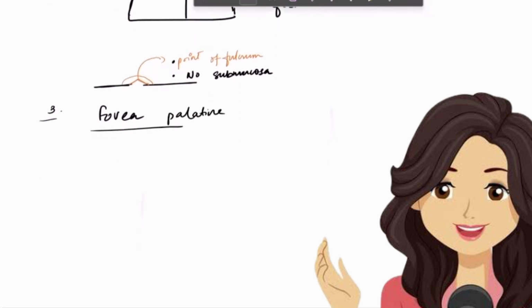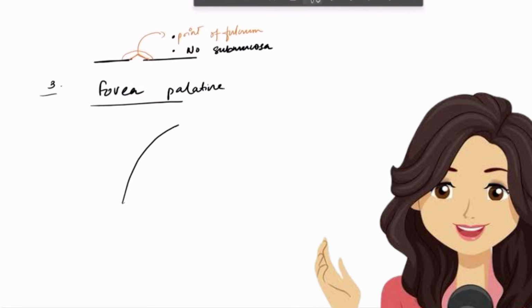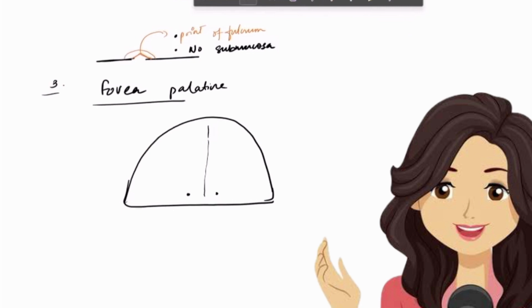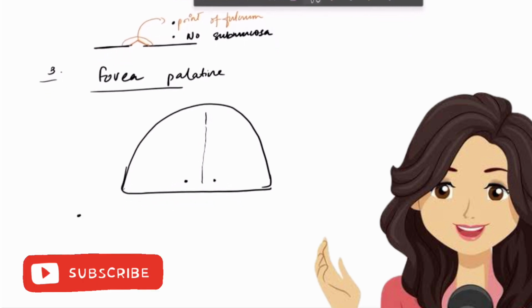Where is fovea palatini located? Fovea palatini is basically coalescence of some ducts of minor salivary glands that is usually present posteriorly like this. Across the midline, it will be present near the midline. In the posterior palate, you see two small openings.